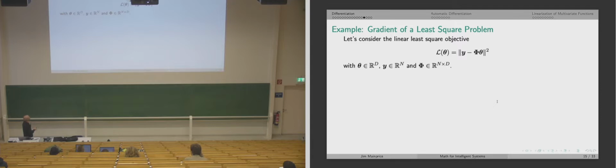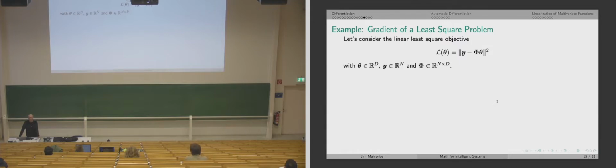Okay. So how would we optimize that? Since this is super important, we should have an idea how we optimize linear least squares, unconstrained like that. We can do it in many different ways, depending on the size of the components here of theta, y, and phi.